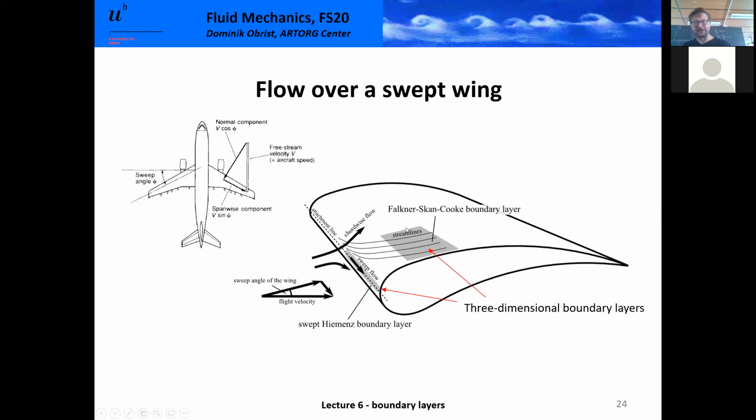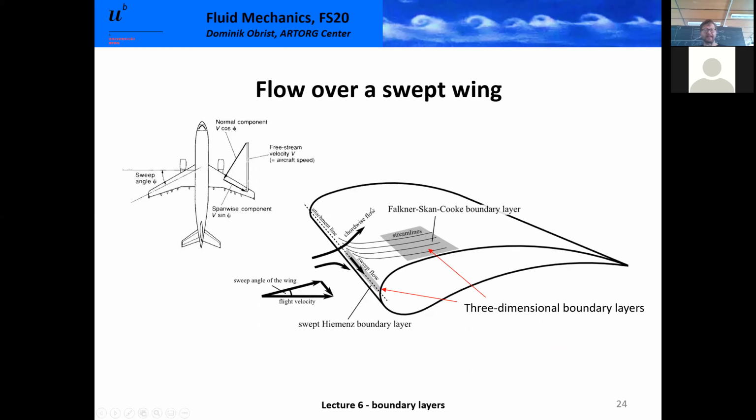In that case, because we now have a sweep velocity perpendicular to it, it becomes more complex, and the Falkner-Skan boundary layer solution was looked at by a person called Cooke, who came up with the Falkner-Skan-Cooke family of boundary layers, which are now three-dimensional. So it's yet another extension of boundary layers. And it's also well known that they are rather unstable and create a lot of problems with swept plates.